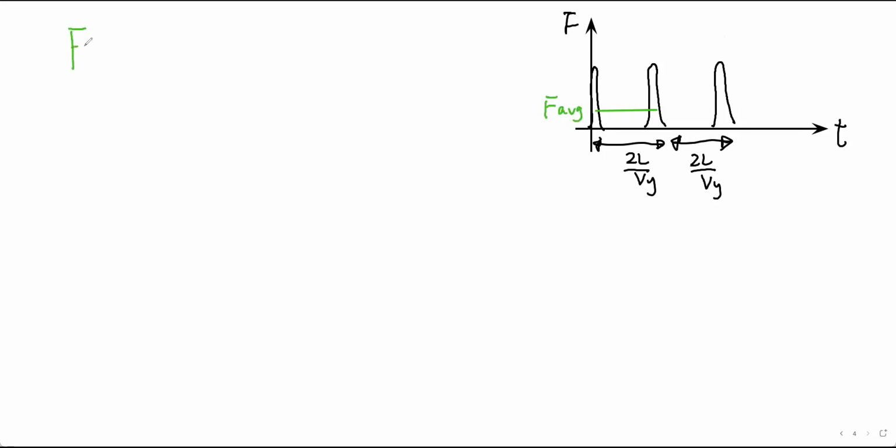the force will be the change in momentum over the change in time. So then it will be 2mVy divided by 2L over Vy.